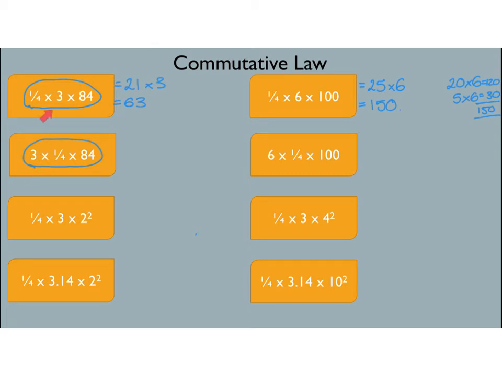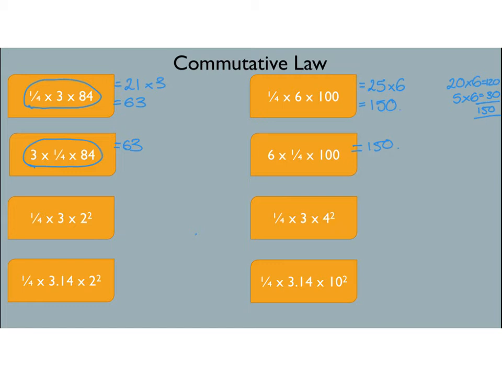So that question there is the same as that one there. Now, if you look across the way, hopefully you notice that the second question is the same as the one underneath as well. They're just in a different order. So I know the answer to this third question is 63, and the answer to this fourth question is 150.